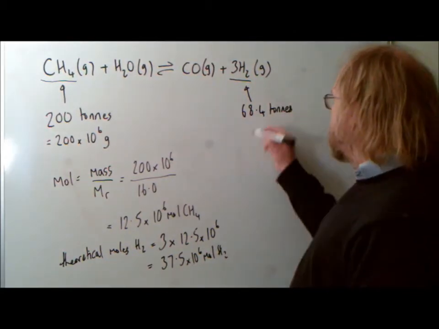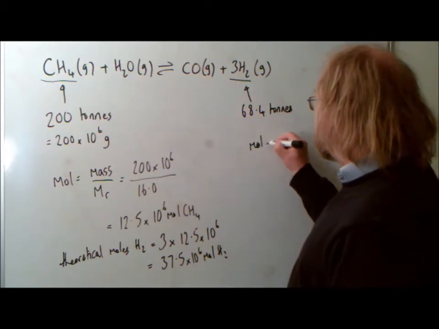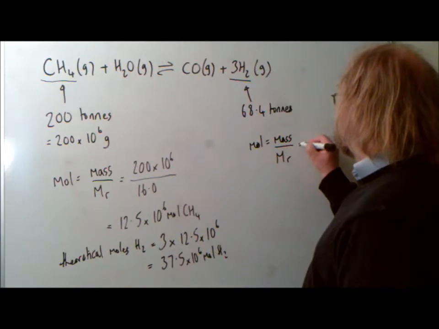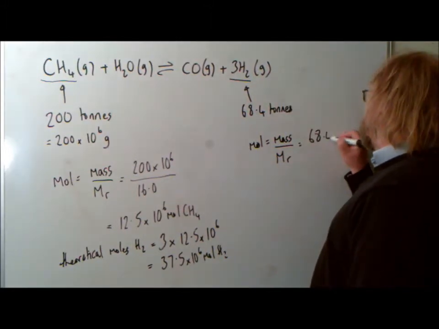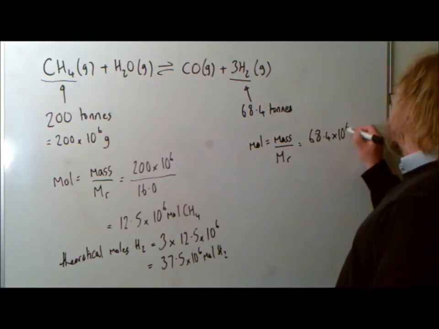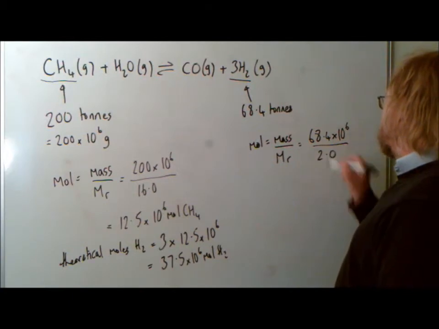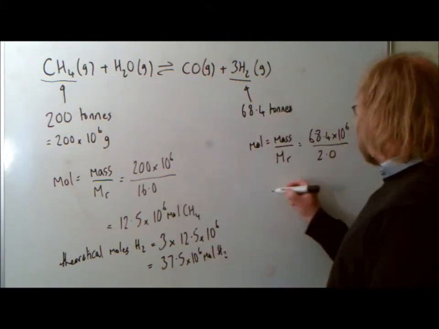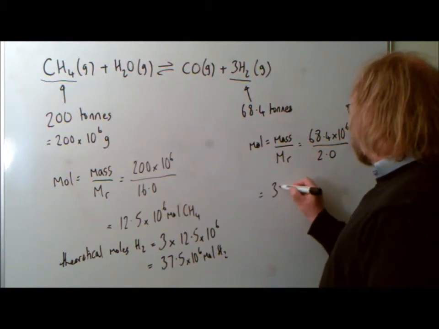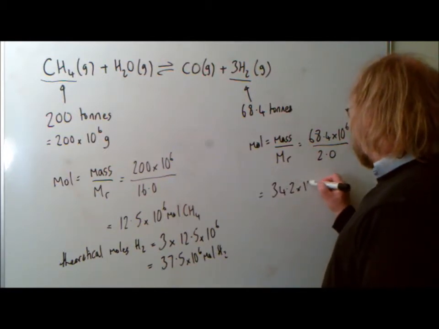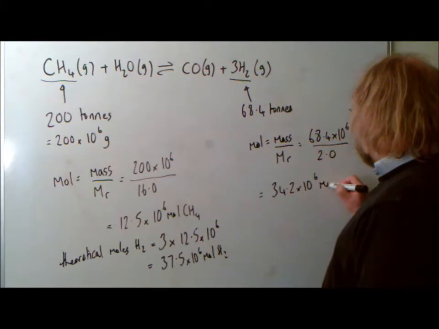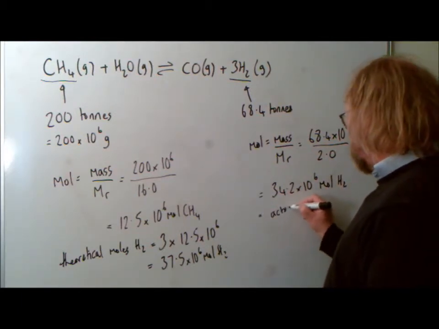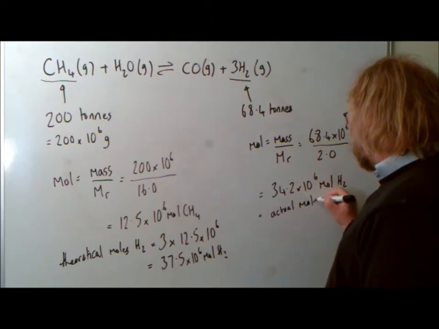So again, we calculate moles as mass over Mr for that one, which is 68.4 times 10 to the 6 divided by just 2 for hydrogen, because it's H2. So you just divide by 2, which comes to 34.2 times 10 to the 6 moles of H2. And that's our actual number of moles.